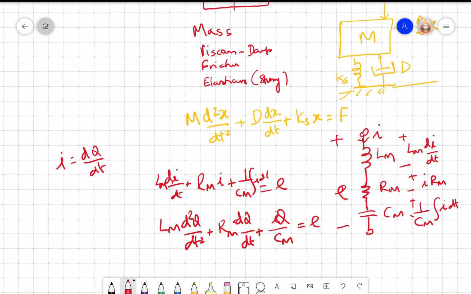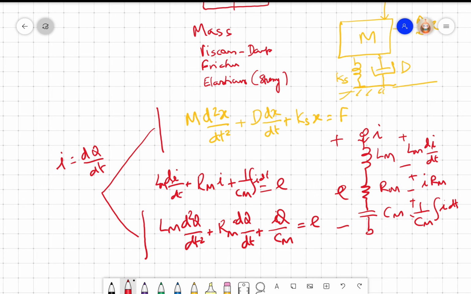So now I look at this equation with respect to this equation. These two, mathematically they are identical, right? It's a second order differential equation. Only the coefficients and the variables are different.